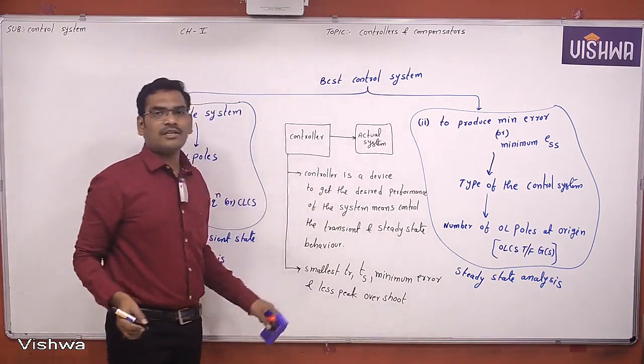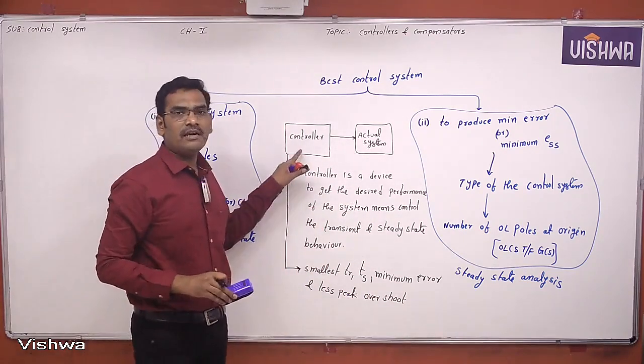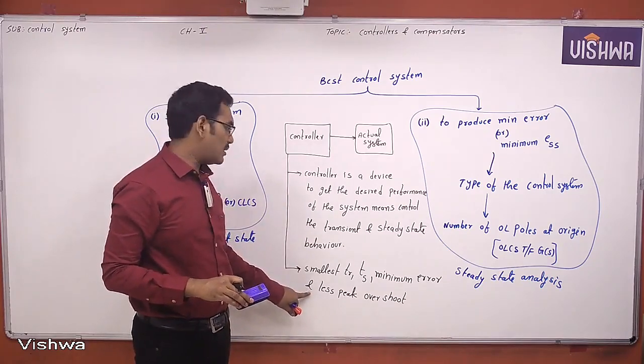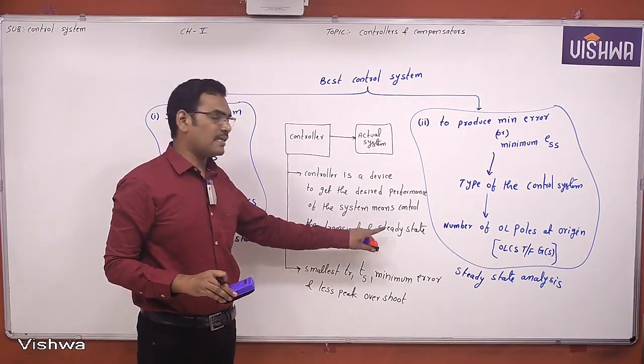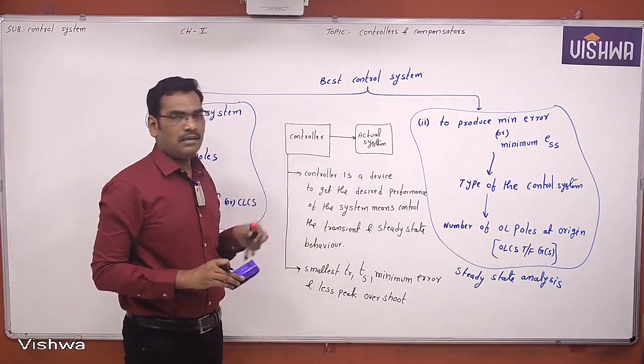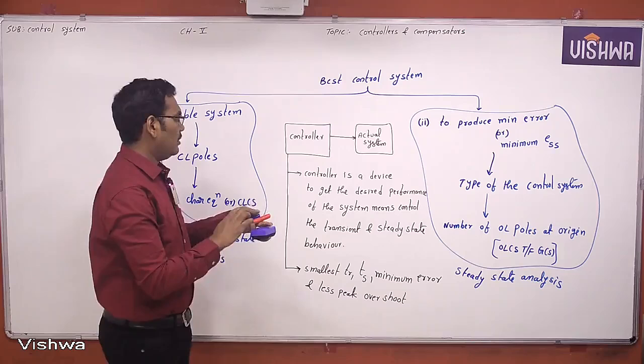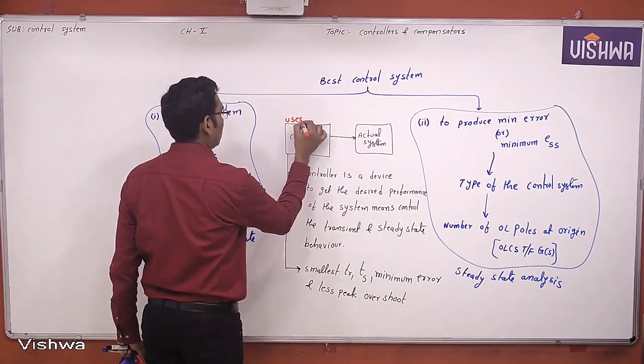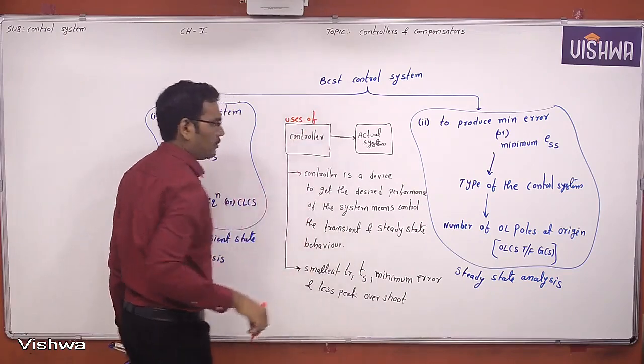These characteristics you can achieve when we are using the controller. So to get these characteristics, or to control the transient state or steady state, we use the controllers. Okay, this is the use of a controller. Okay, no doubt.